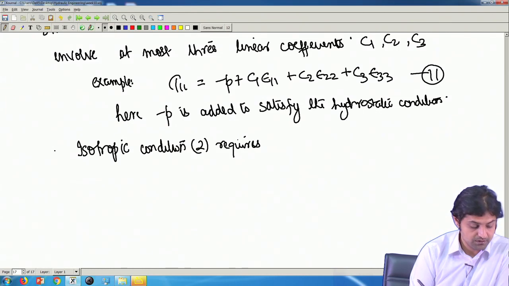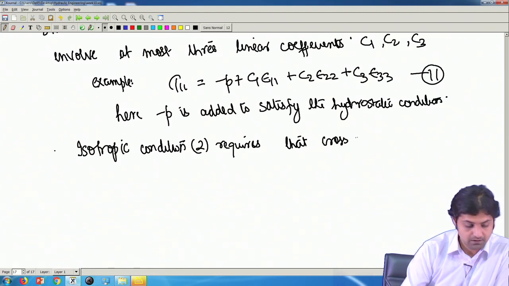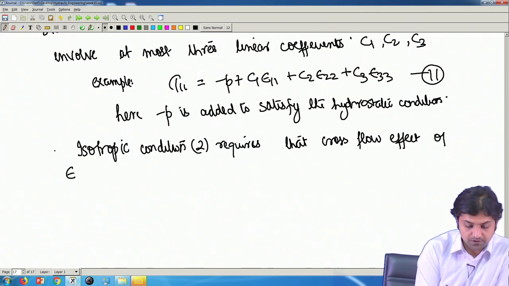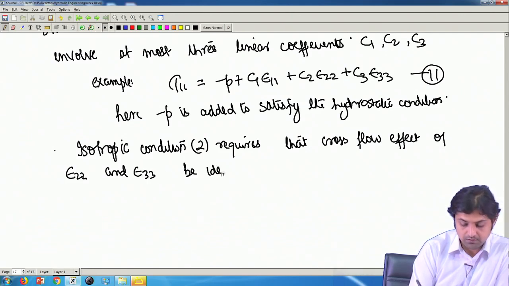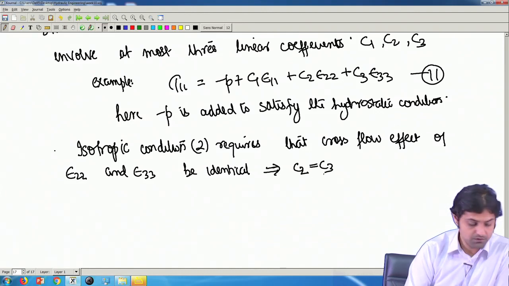Isotropic condition requires that cross flow effect of epsilon 22 and epsilon 33 be identical, which implies C2 is equal to C3.